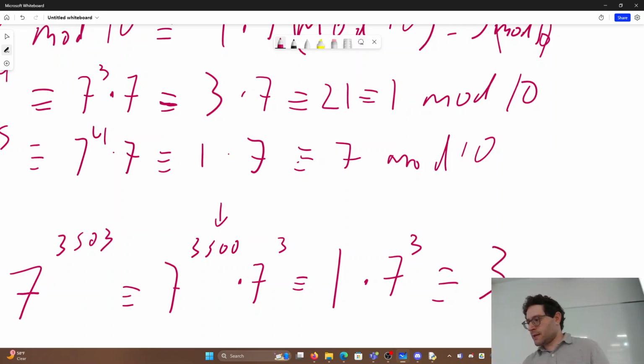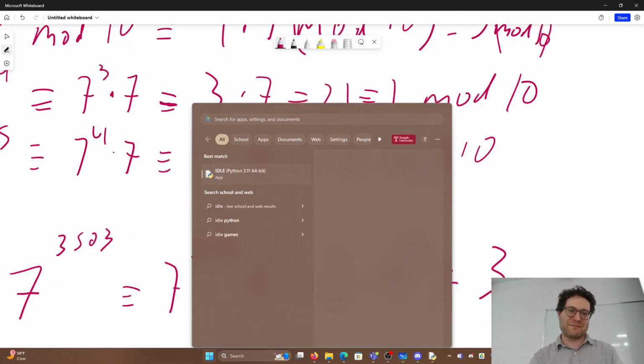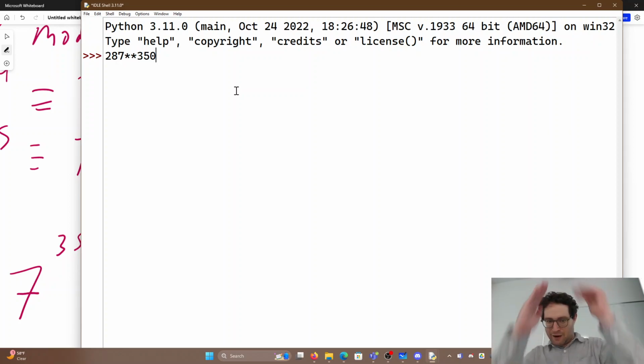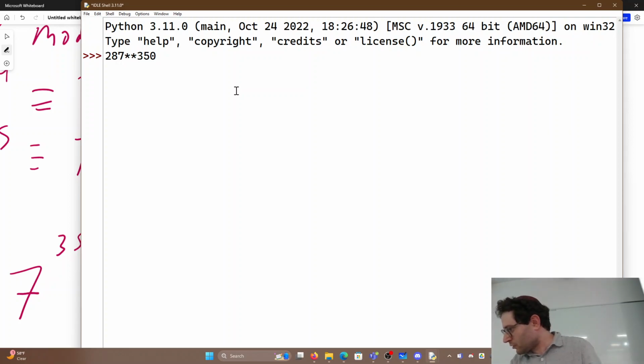And if we can actually check this one by using some very nasty math by opening up IDLE. IDLE is all sorts of fun. 7 to the 3,503, let's see if it even does it. By the way, that's how you do exponents in Python. You use two multiplication operators rather than the caret symbol, which is used for exclusive OR, I believe.